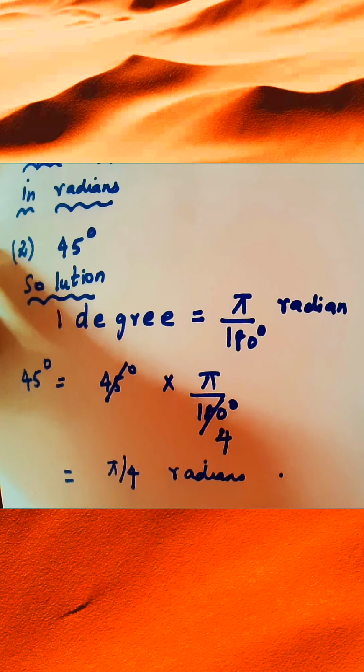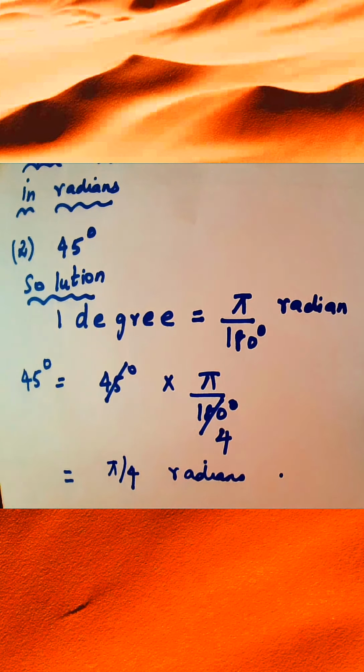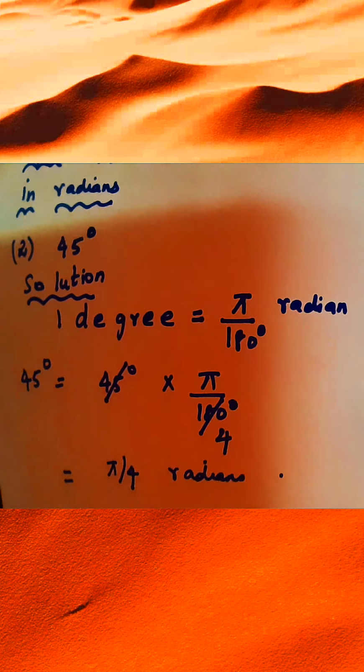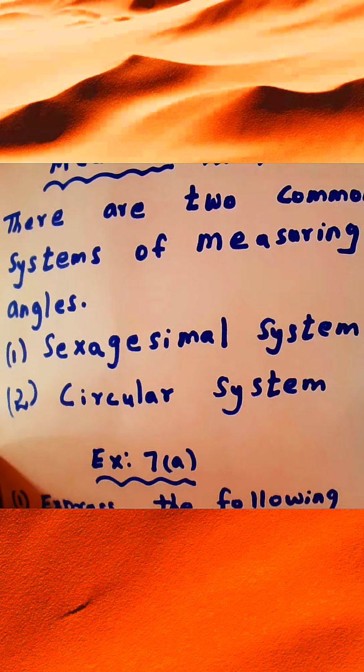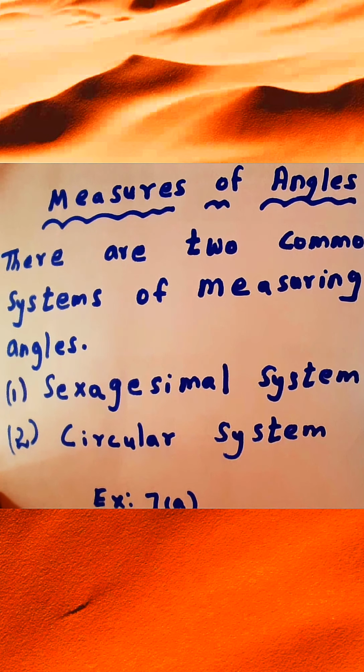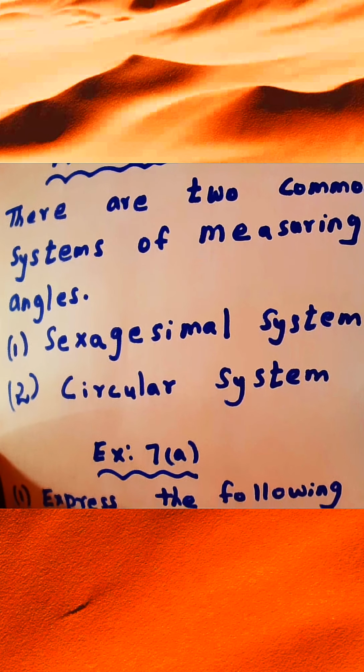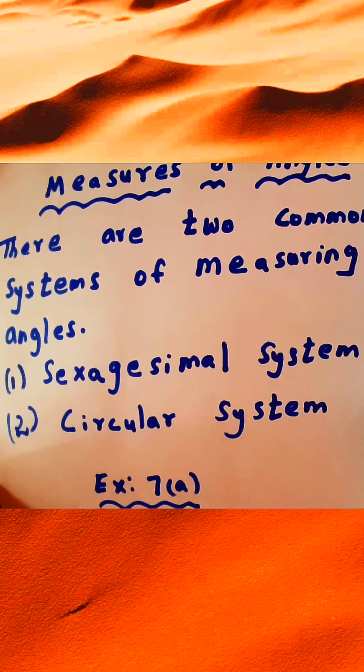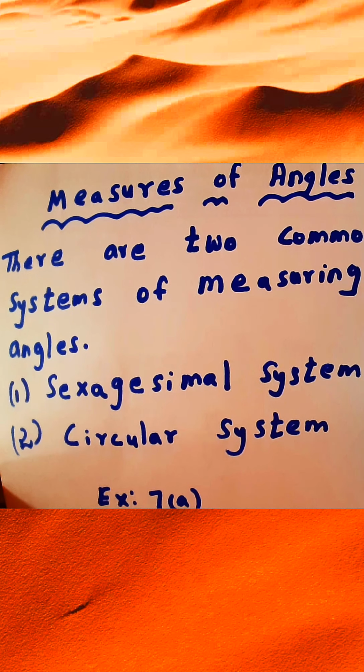So what we have discussed so far, actually it's just a recap. We discussed the measurement of angles, how we are going to measure the angles using the sexagesimal system and the circular system. These are the two methods to measure the angles. Am I right?